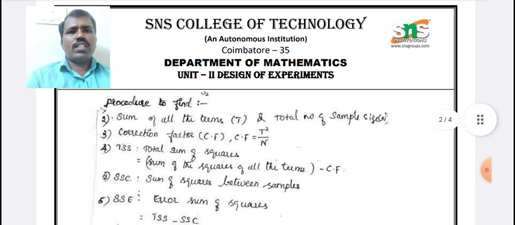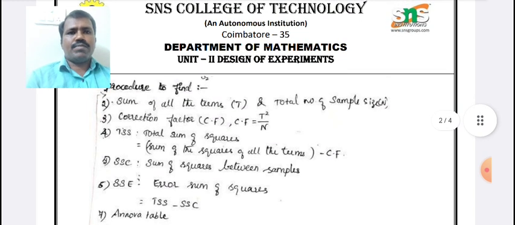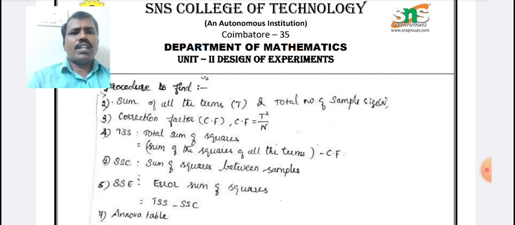The procedure to find completely randomized design: the sum of all the terms is T, and the total sample size is N. Correction factor CF is equal to T square by N. TSS equals total sum of squares.